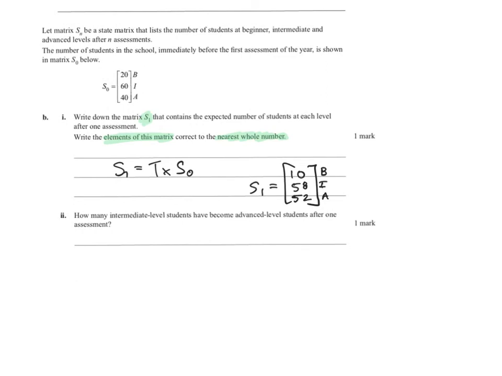Question 2, how many intermediate level students have become advanced level students after one assessment? So if we look at the number of students who were in the intermediate level before the assessment, we see it's this 60. And what we want to know is how many of those intermediate level students have become advanced level students. So we get that via our transition matrix.